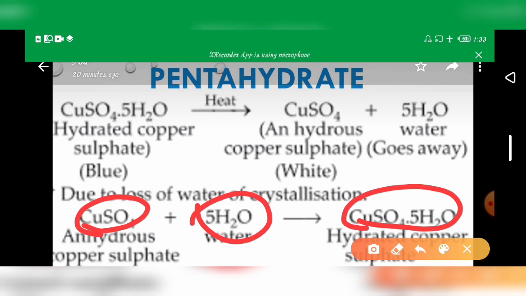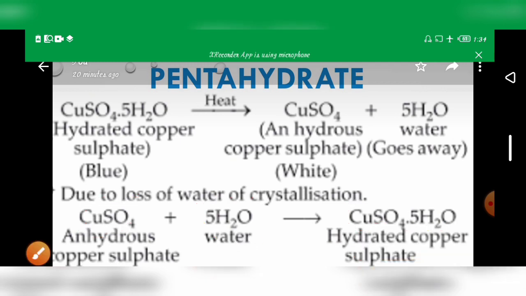Copper sulfate pentahydrate when heated gives anhydrous copper sulfate, which is white in color. If anhydrous copper sulfate is cooled, it gives copper sulfate pentahydrate, which is blue in color. These two equations are given as one equation in your book.